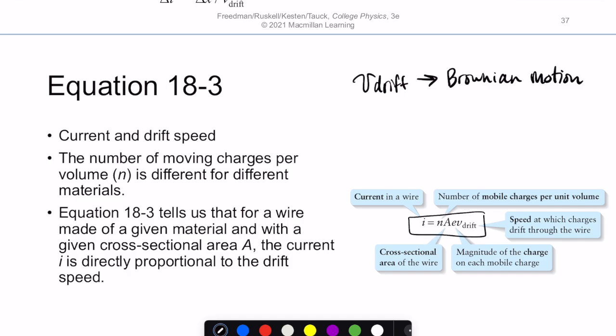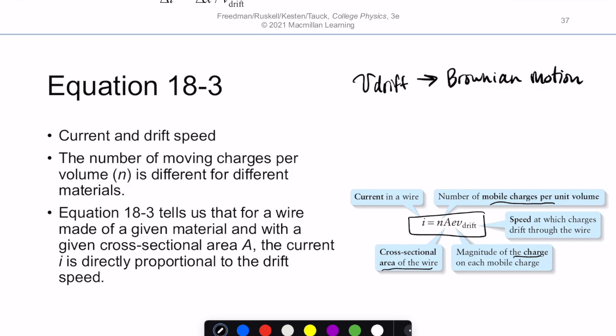That current can also be defined as the number of charges per unit volume, times the cross-sectional area where we're tracking the current passing by, times the magnitude of the charge of each of those charges, and then finally this value called the drift speed.